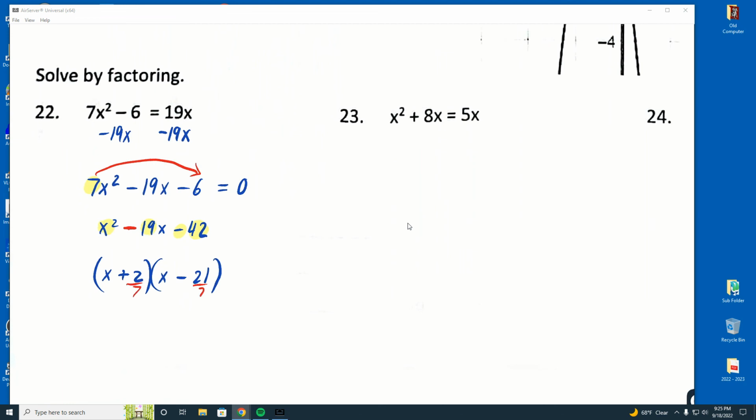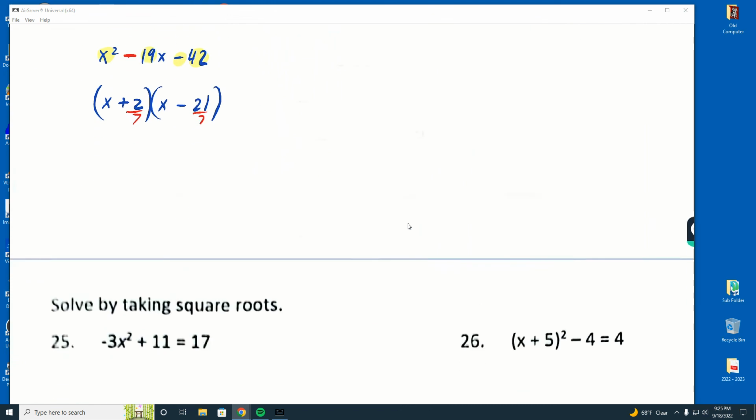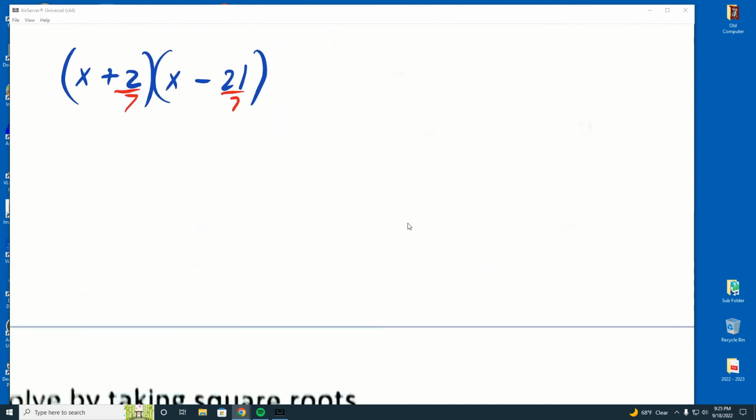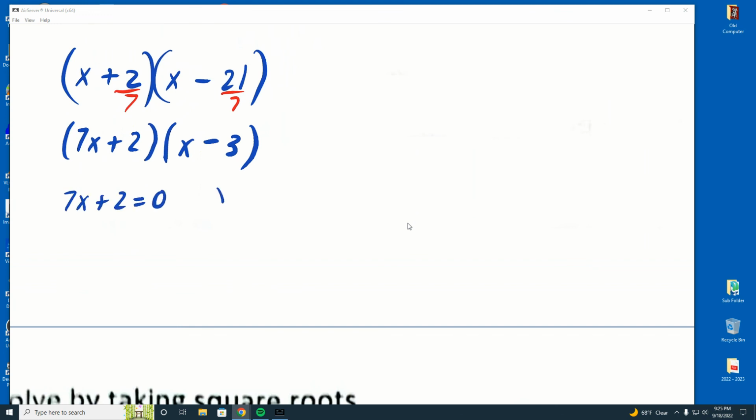Now, here are my factors. Remember, we're solving by factoring. Here's my factors. This one does not break down. So we're going to rewrite it as 7x plus 2. This one, however, does break down. 21 divided by 7. So we're going to write that as x minus 3. So we take these, we set them equal to 0, and we solve.